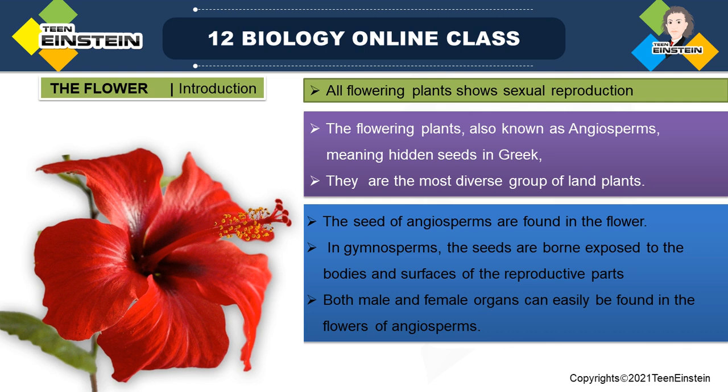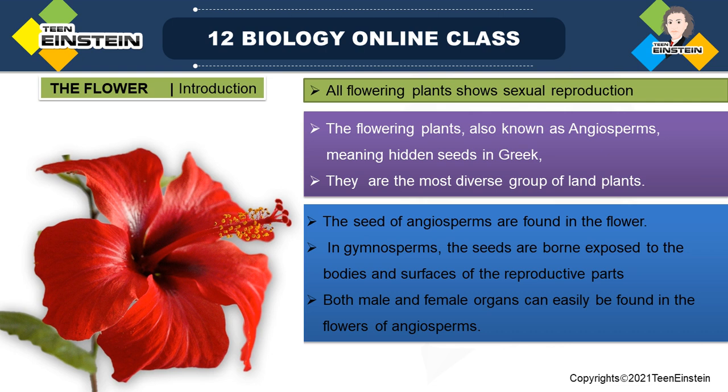Asexual reproduction makes exact copies of that organism, and they are called clones.